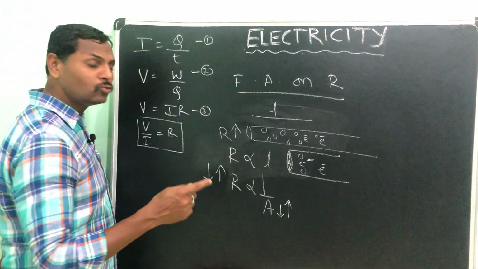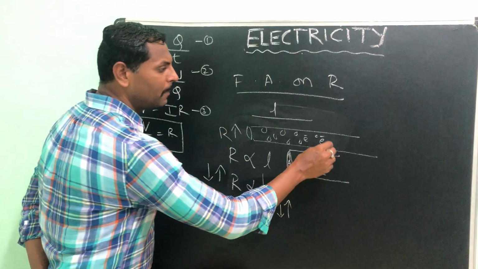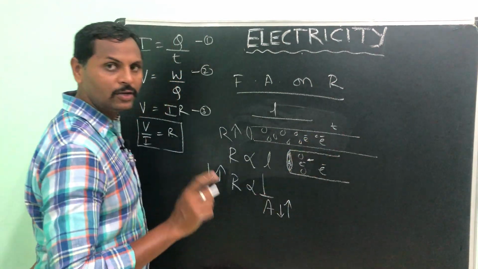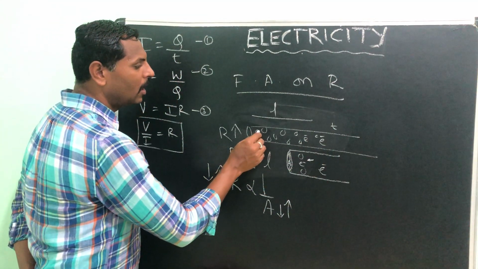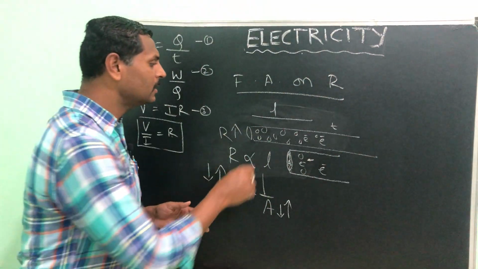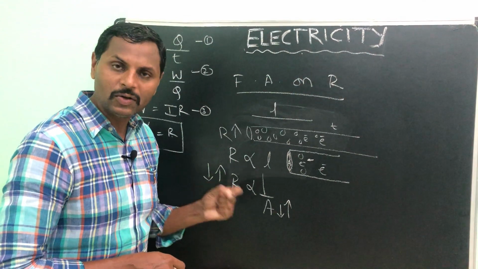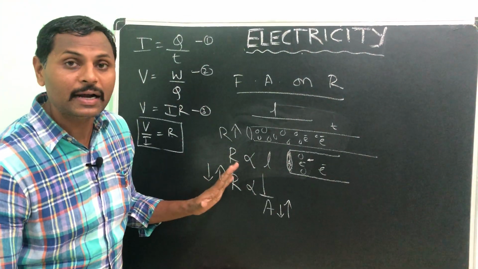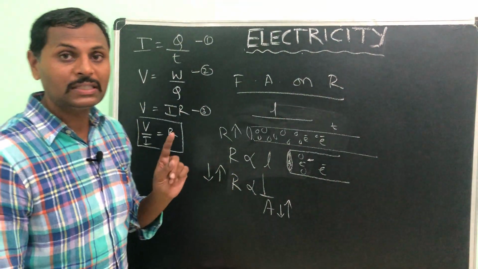Whereas 2 more points are there. If the temperature rises, then the atoms present here vibrate a lot, and there will be a lot of disturbance. Okay, especially for the ohmic conductors, I am telling you, not for the semiconductors.